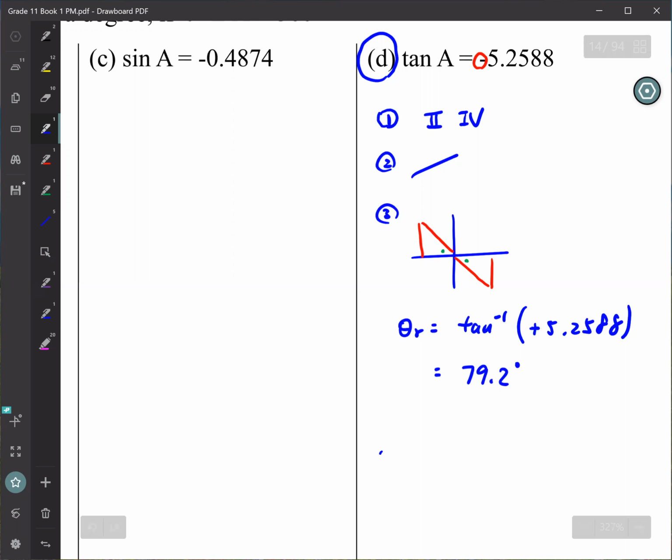So step 4, we need to get the 2 answers now, right? First one has to turn to the 3rd quadrant. Second one turns to the 4th quadrant.